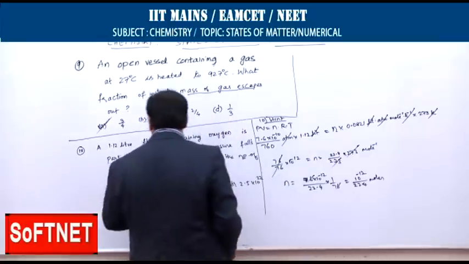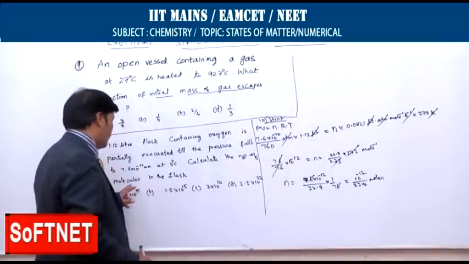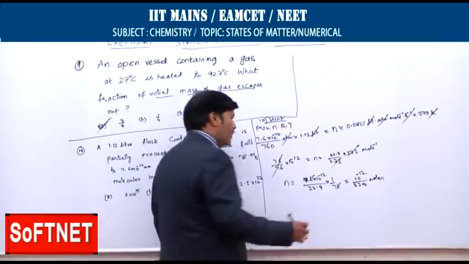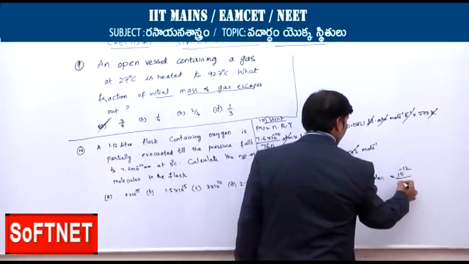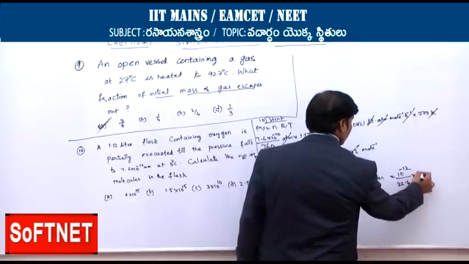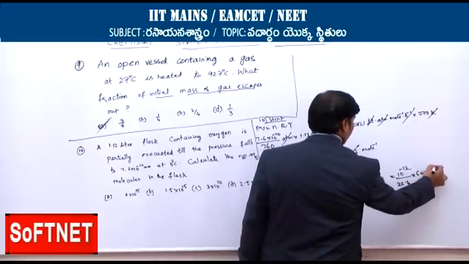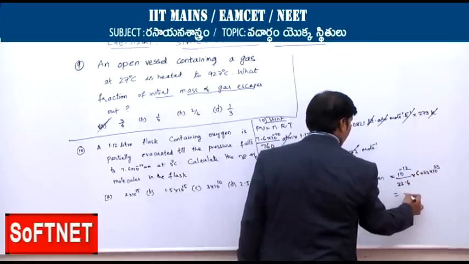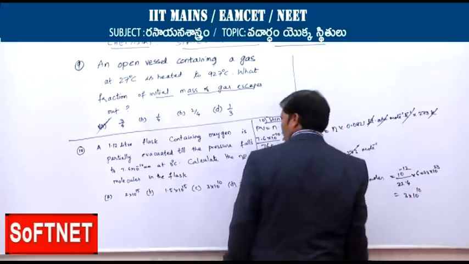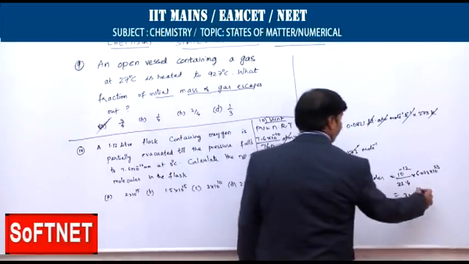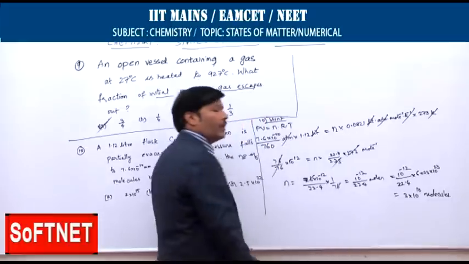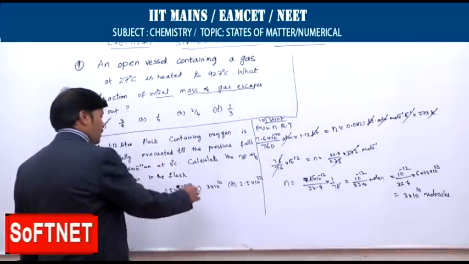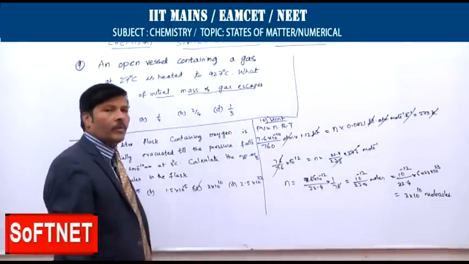Because he is asking number of molecules, what you have to do is, multiply this 10 to the power of minus 12 divided by 22.4 into 6.023 into 10 to the power of 23. Upon simplification, you are going to get 3 into 10 to the power of 10 molecules, which would be the final answer. So, therefore, the third option is correct, 3 into 10 to the power of 10.